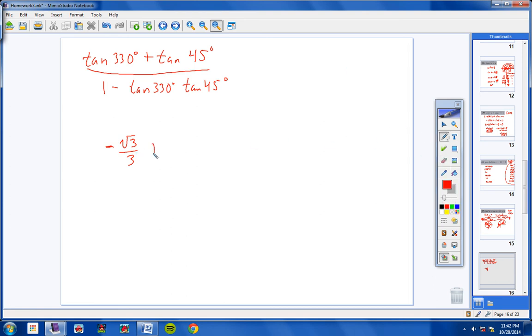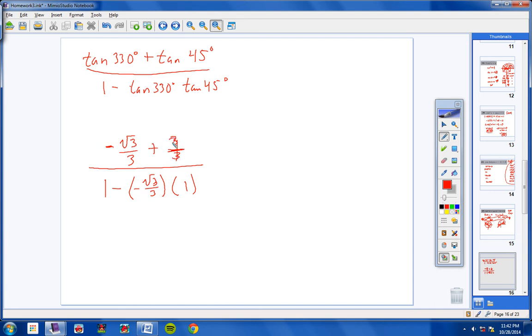Plus, tangent of 45 is 1 all over 1 minus tangent of 330, negative square root of 3 over 3, times tangent of 45, so times 1, okay? So next, you'll see this 1 right here, students. This 1 right here is really 3 over 3.